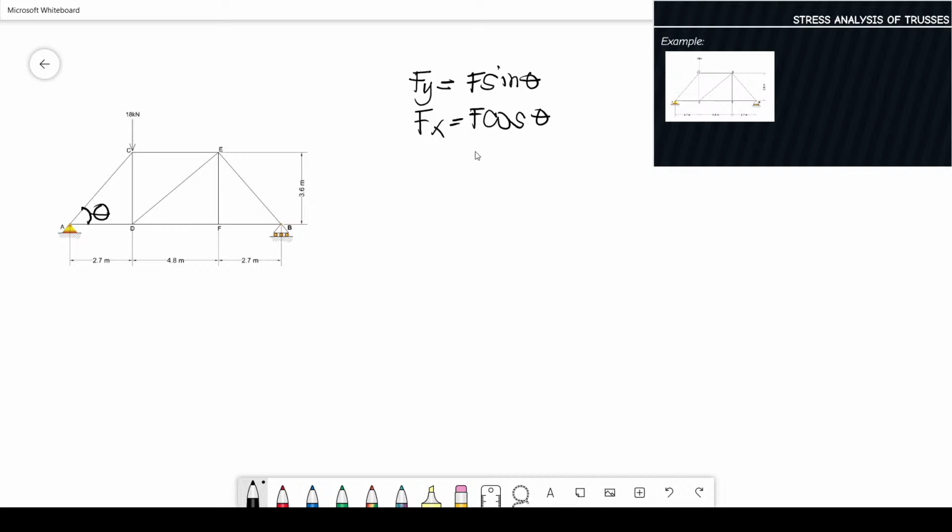So, instead of sine theta, you are using the lengths. Sine is opposite over hypotenuse, and cosine is adjacent over hypotenuse.